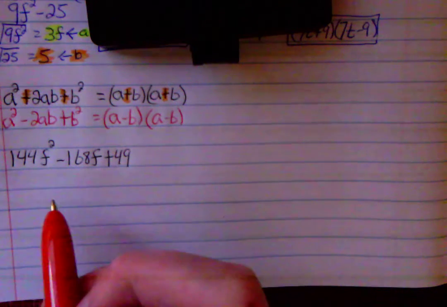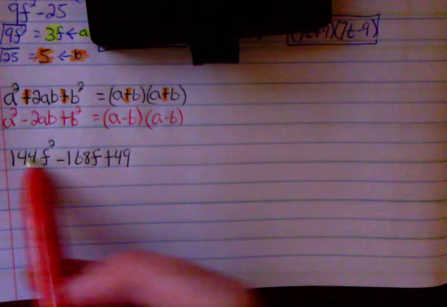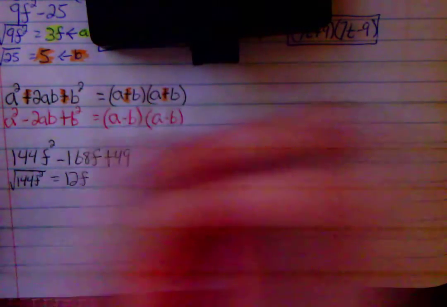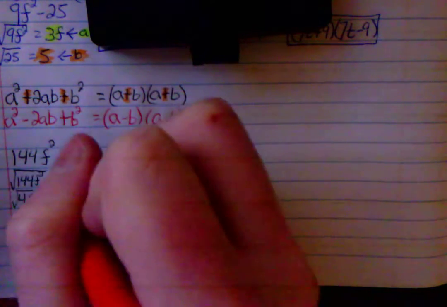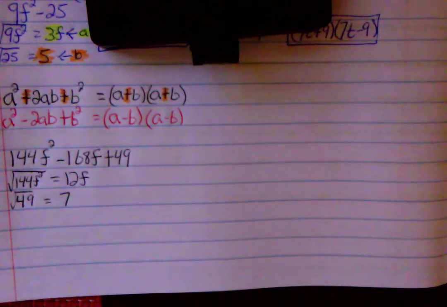All you would do, again, just like the difference of two squares, is take the square root of your a and the square root of your b. So the square root of 144f squared, the square root of 144 is 12, f squared is f. The square root of 49 is 7.